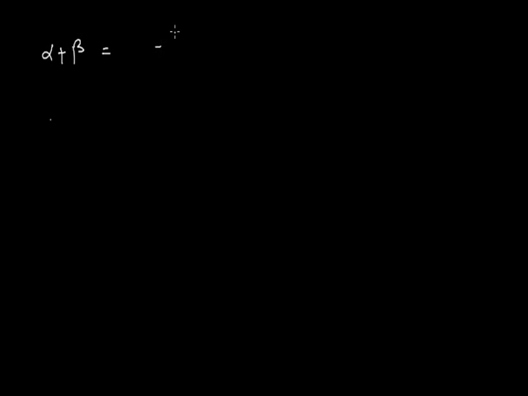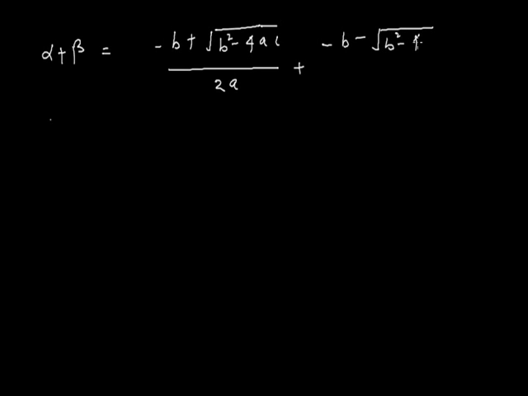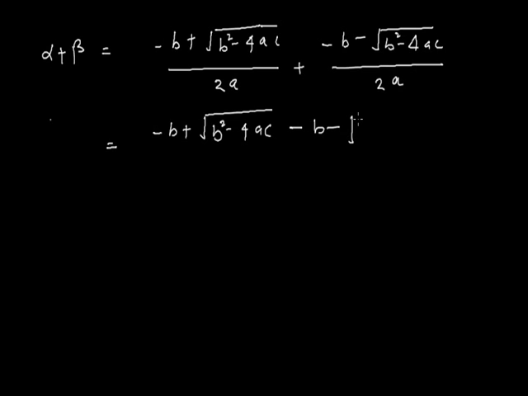We get (−b + √(b² − 4ac)) upon 2a plus (−b − √(b² − 4ac)) upon 2a.